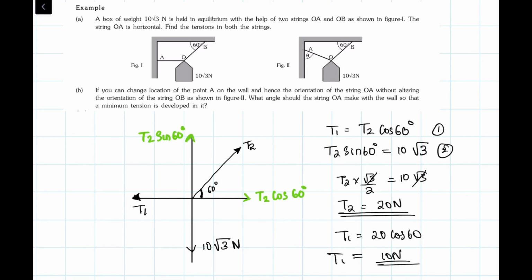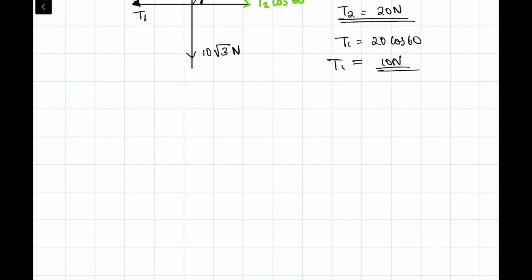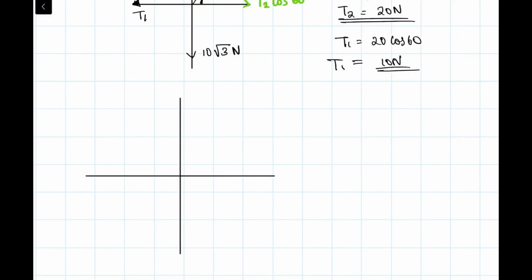What angle should you keep in order to get the minimum tension in the string OA? That is a simple question. Now let's solve that part. For that, let me draw the x-axis, y-axis. Now how can we solve this problem?